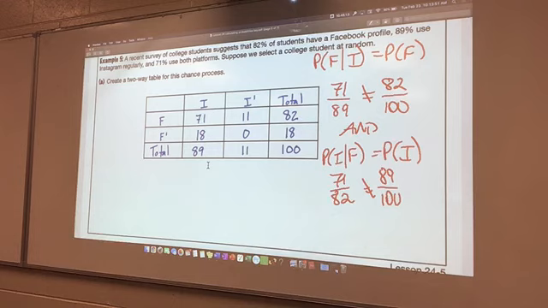Why can't you just say G and H don't equal each other? Wouldn't that be the same thing? Well, no, because the probability of Facebook given Instagram has to equal the probability of Facebook.